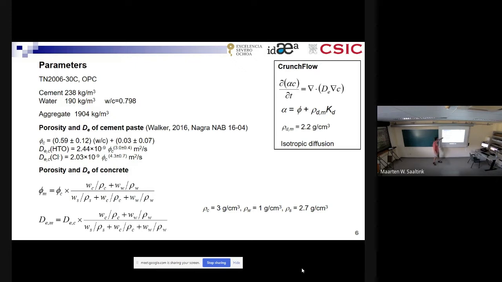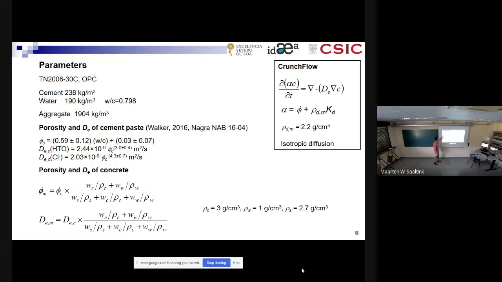So porosity was a linear function of the water to cement ratio. And the effective diffusion coefficients for tritium and for fluoride are also functions of this porosity, which is not linear anymore. You also have errors, like plus minus, a range up to the value.